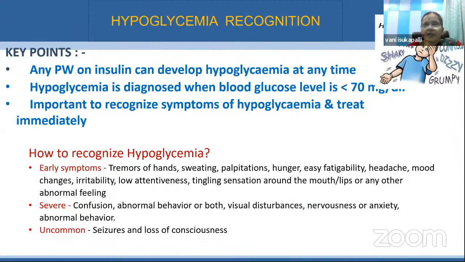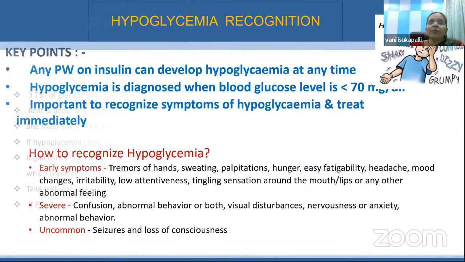Early symptoms would be tremors of the hands, sweating, palpitation, hunger, fatigability, irritability, low attentiveness, tingling sensation. So these are the earliest symptoms. Severe symptoms are confusion, abnormal behavior, visual disturbances, anxiety. So these come under severe grade. So these symptoms have to be educated to the woman and more so to the family members attending on her.